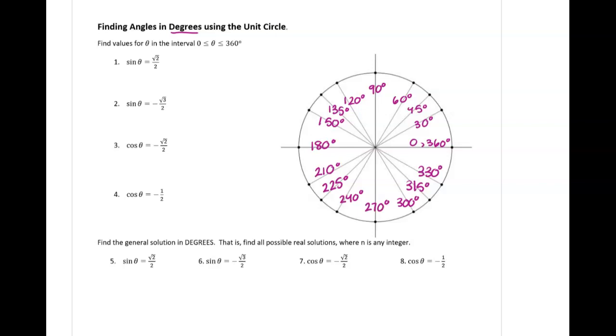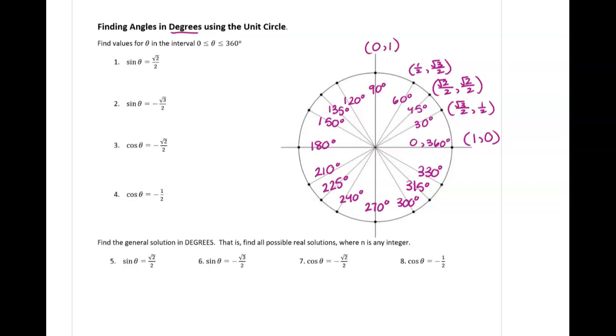In terms of coordinate pairs, 1, 0, this right here was root 3 over 2, comma 1/2, root 2 over 2, root 2 over 2, 1/2, root 3 over 2, and this is 0, 1.